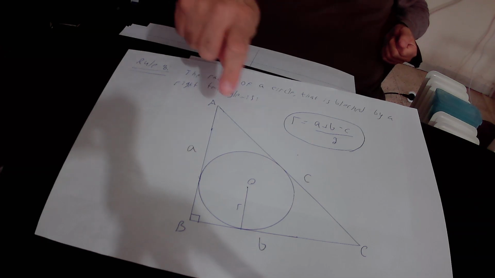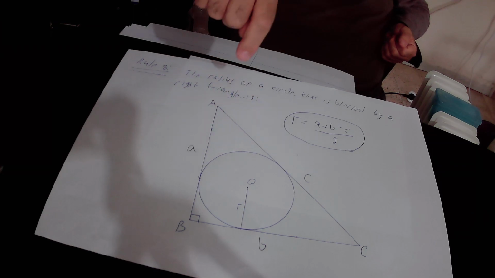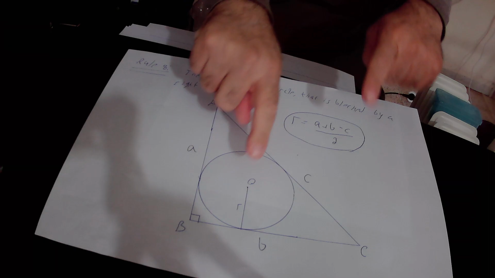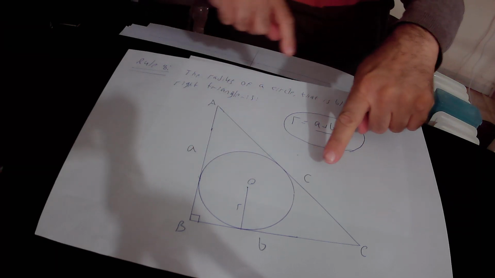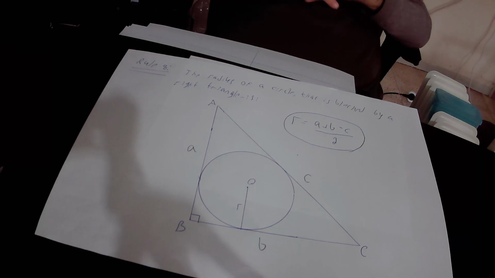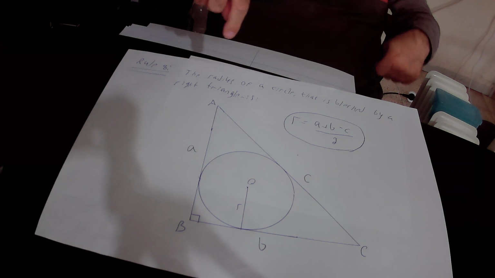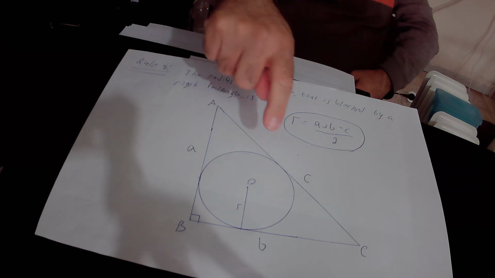We have the right triangle ABC, angle ABC equals 90 degrees, the length of side AB is A, side BC is B units in length, and the length of the hypotenuse AC is C. And we also know that the radius of this circle is r. So the right triangle ABC blocks this circle, whose radius is r.